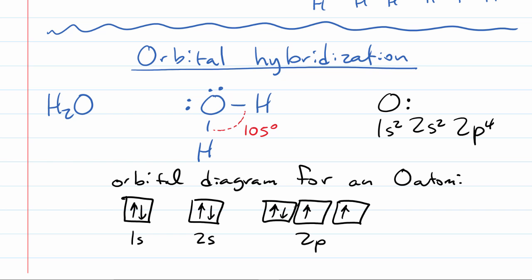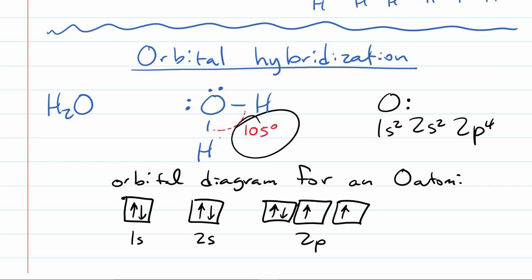but if we come back to the structure of water, we don't see 90 degrees in there, we see 105. And if we looked at something like this, we wouldn't see 90 degrees, we would see an angle of 109.5. So if we were simply trying to say that the way that the hydrogens come in and use these empty orbitals, this can't be the way it is, because if it were this way, we would expect to see bond angles of about 90 degrees.